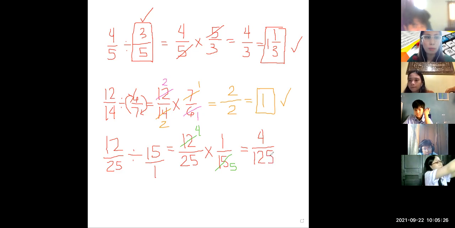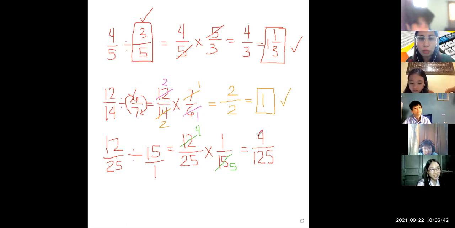Can we simplify 4 and 25? Hindi, right? 4 and 25. Yung unang tip dyan kung paano nyo masisimplify, if masisimplify nyo ba yung number or hindi? If even, yan, masisimplify yan.